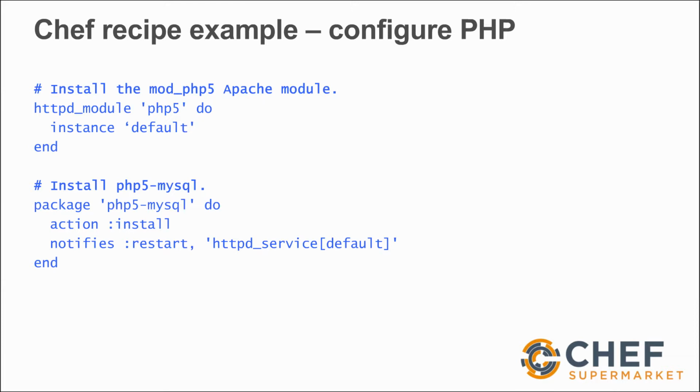And as I mentioned before, if you notice the bottom second half of the page, when I try to install the PHP MySQL package, again, just like before, I do action install, and Chef takes care of the rest, regardless of the underlying operating system. Me as a user, I don't have to care about what operating system this is going to run on, which gives me a lot of flexibility when I use out-of-the-box Chef recipes.